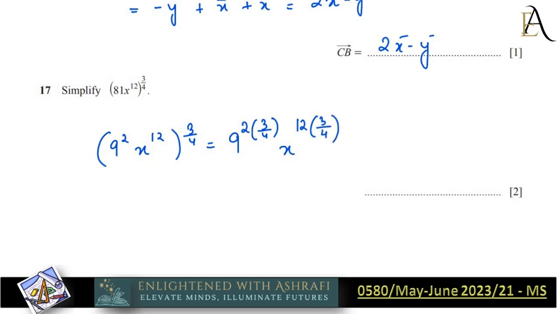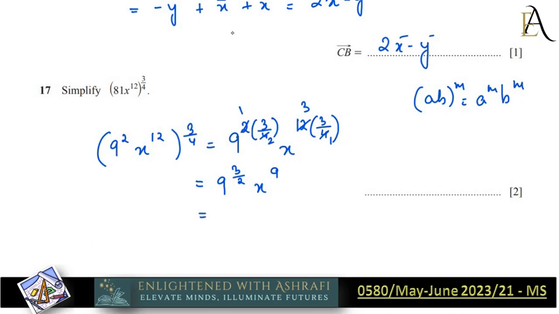Here we are going to use the identity (AB) raised to m equals A raised to m times B raised to m. This identity we are going to use. So finally we get 9 to the power 3 upon 2, x to the power 9.